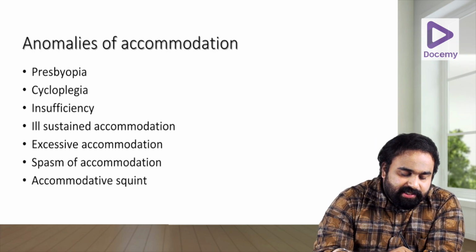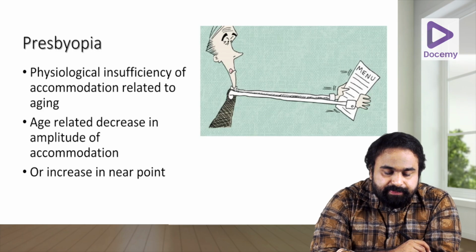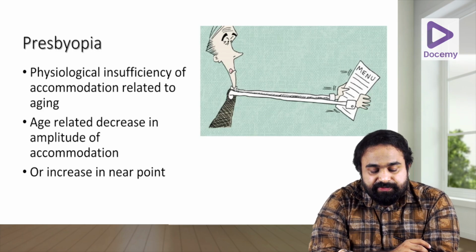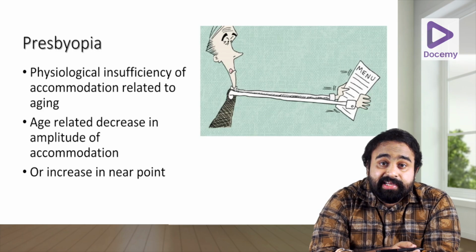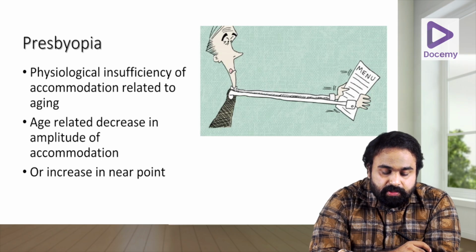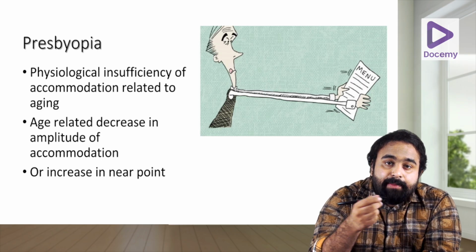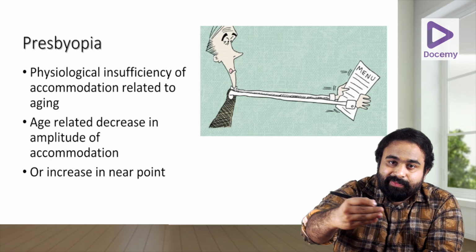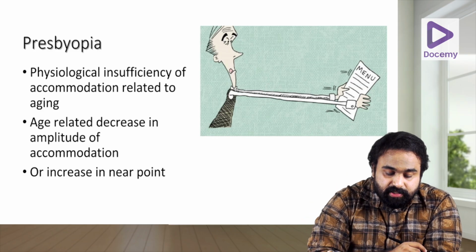And we will see something about presbyopia. That is physiological insufficiency of accommodation related to age. So, age-related decrease in amplitude of accommodation. So amplitude will be less. In other words, the near point is increased.